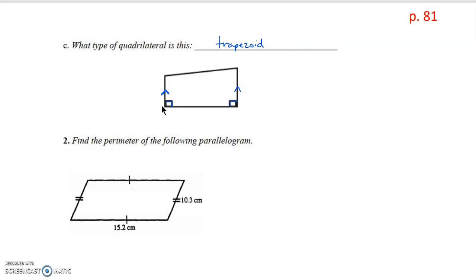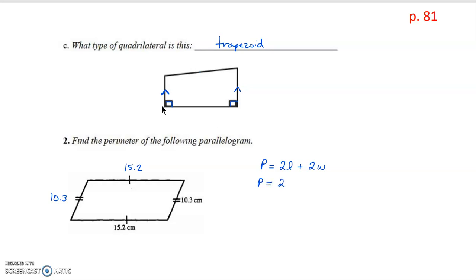So for number 2, if we want to find the perimeter of the parallelogram, we understand that the two matching sides are the same. So 10.3 on the left and right side and 15.2 on the top and bottom. And so we can treat this just like a rectangle, 2 times the length plus 2 times the width. And we can solve this way.